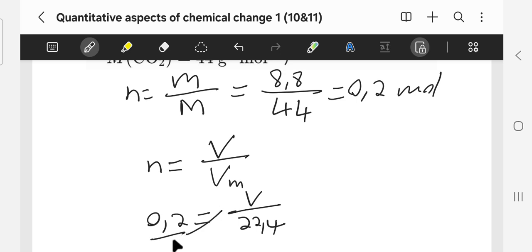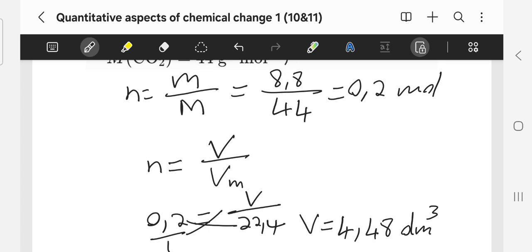Then I can just cross multiply here to say V times 1 is equal to V. And then what is 0,2 times 22,4? 0,2 multiplied by 22,4 is equal to 4,48. What's the unit for volume? It's dm cubed. And that's how you pretty much do your calculation.